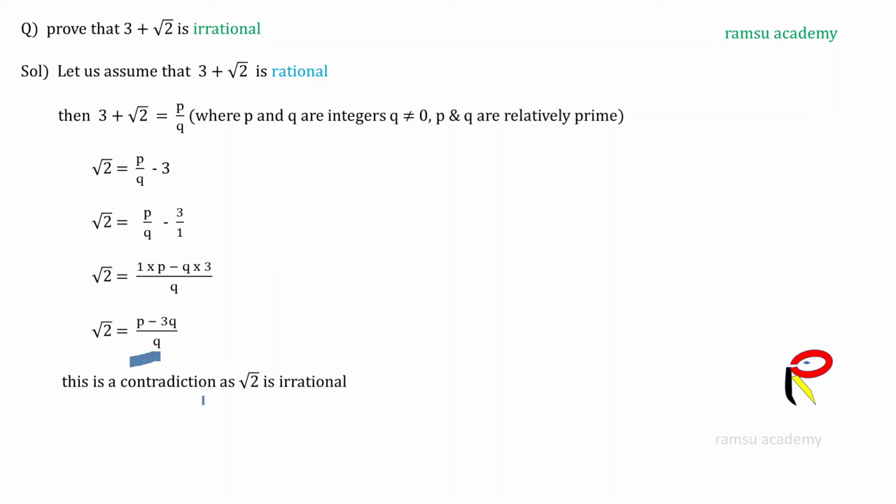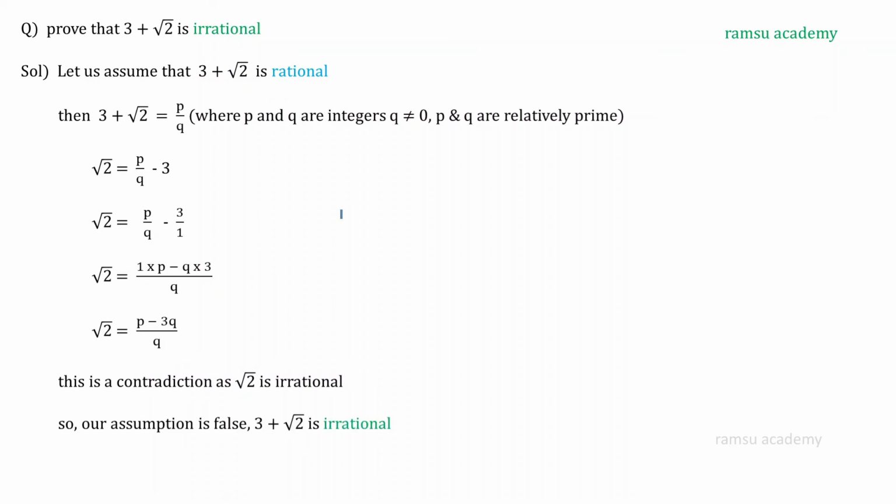We got this contradiction as we assumed that 3 plus root 2 is rational. So our assumption is false. 3 plus root 2 is irrational.